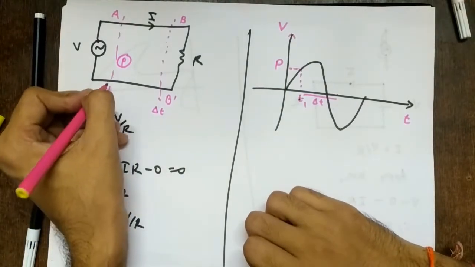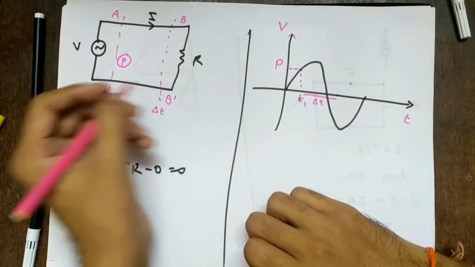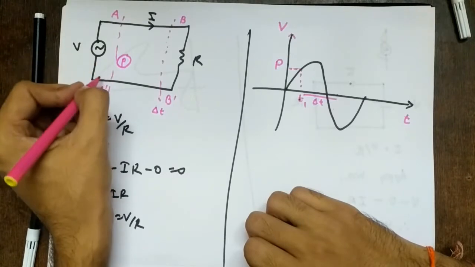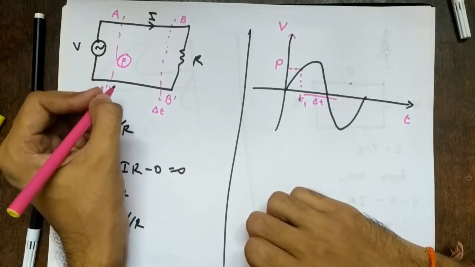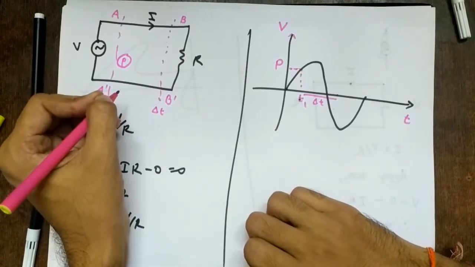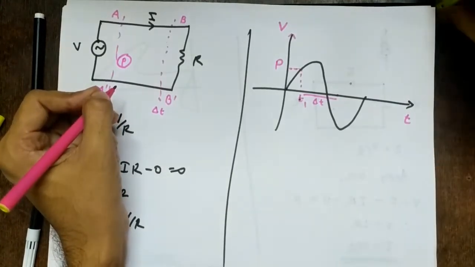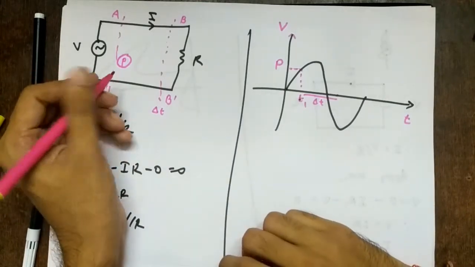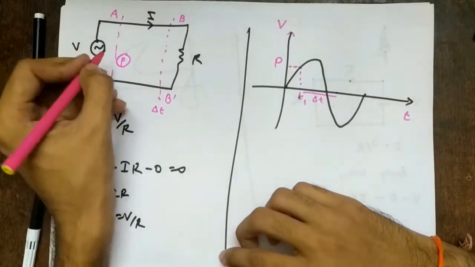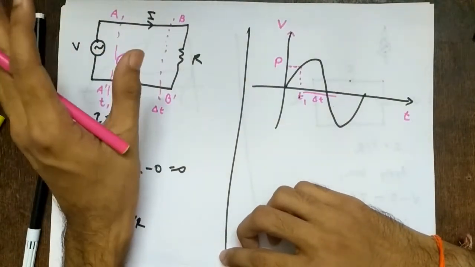So after a time t1 plus delta t, what will happen is the voltage at A prime will take a finite amount of time to travel, since no signal can travel with infinite velocity, right? And we know the maximum velocity we have seen so far is 3 into 10 raised to 8 meters per second. So nothing can travel with infinite velocity. Maximum is the speed of light, at least practically.